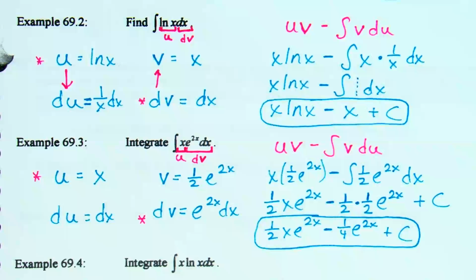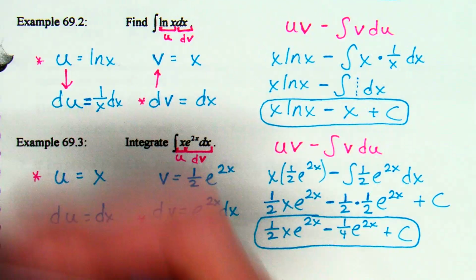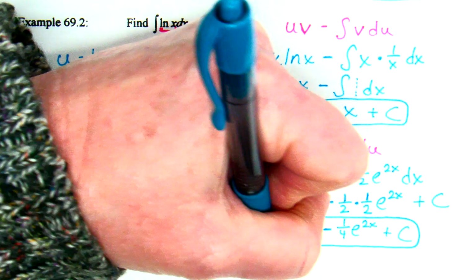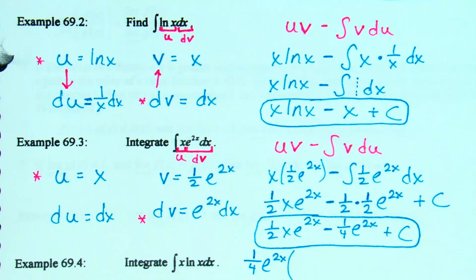There is also a GCF that you could technically pull out that would make the insides look a little prettier. Both terms have what in common? An e to the 2x. And technically, if you want to get rid of the fractions, they both have a 1/4, which is a smaller common factor. So you could pull out a 1/4 e to the 2x.